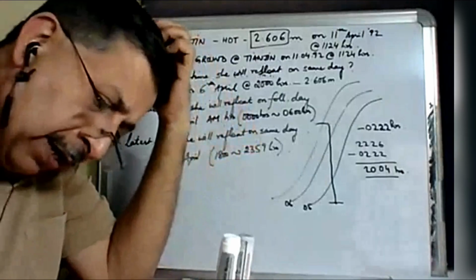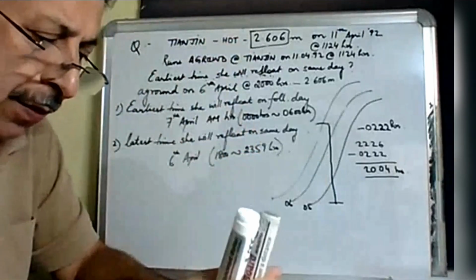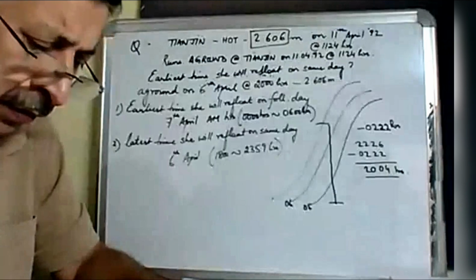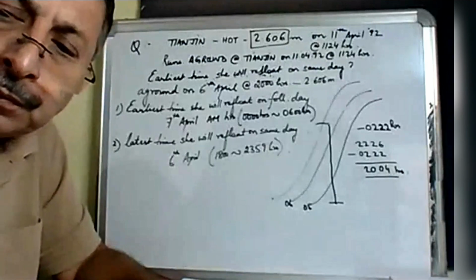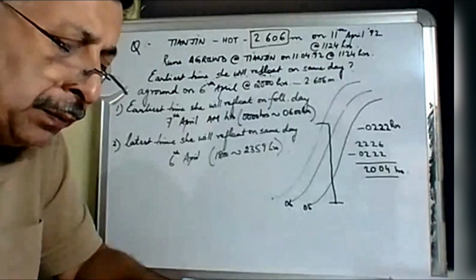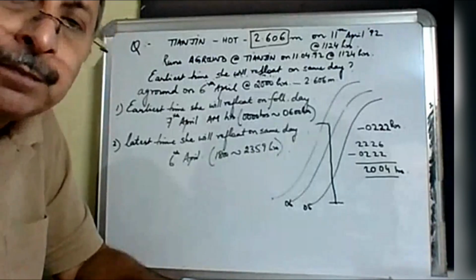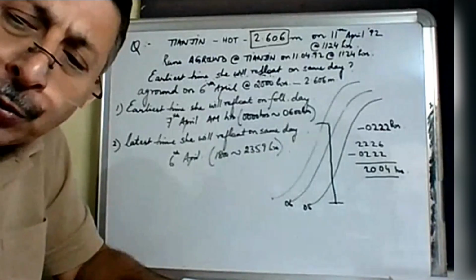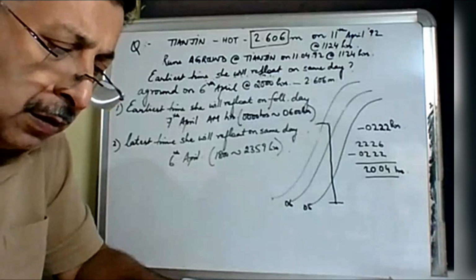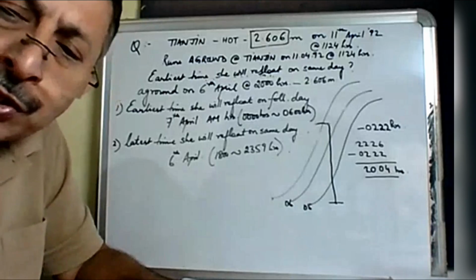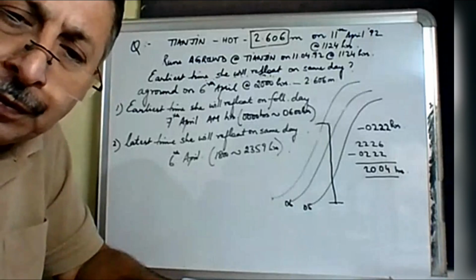See, what I'm trying to tell is see the difference between 6th and 13th of April. 6 अप्रैल को देखो, शाम को 5:45 पे आपका हाई वाटर हो रहा है, उसके बाद मिडनाइट तक लो वाटर चल रहा है आपका, करेक्ट?